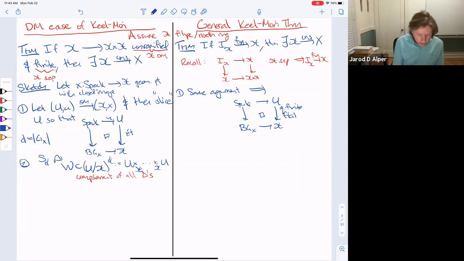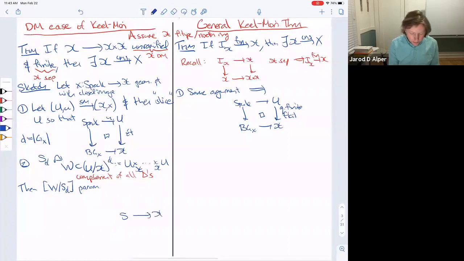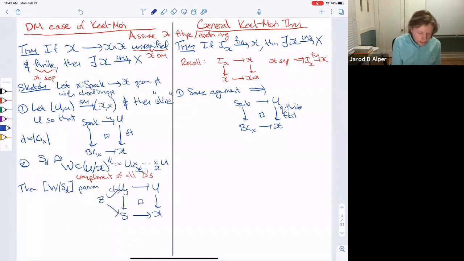And we realized that the quotient stack parametrizes diagrams where the fiber category over a scheme S consists of a morphism to X and a closed subscheme of the fiber product such that this map is finite étale and of degree d.